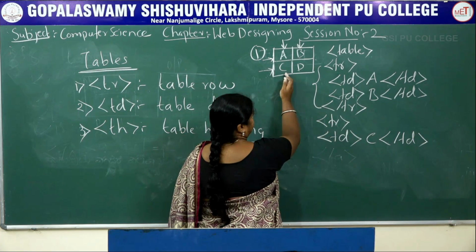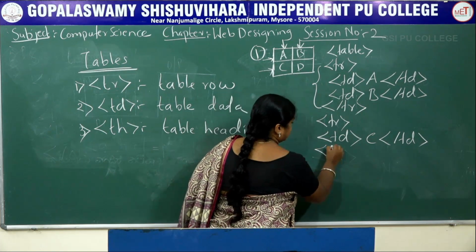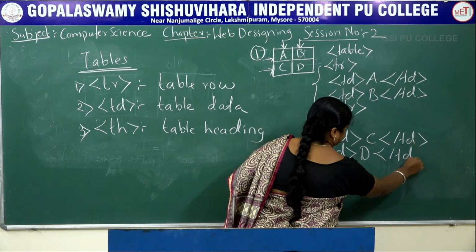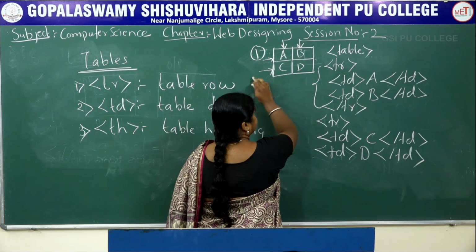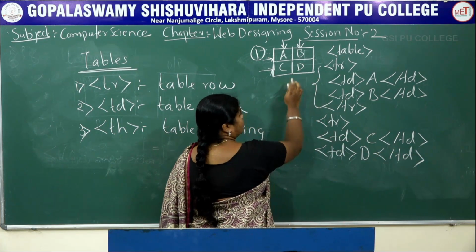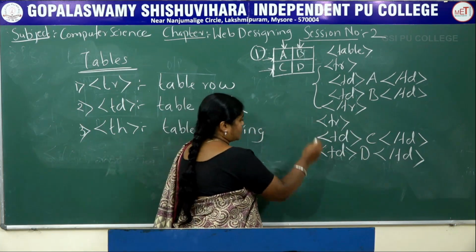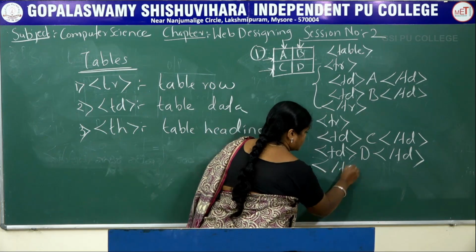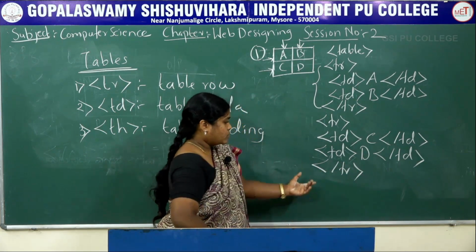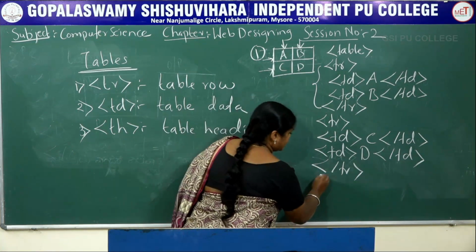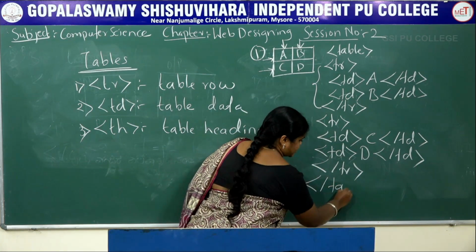After this column, the next column is d: td, d, then slash td. There are two columns in this row, so we close the row by using slash tr. So this is how the entire table is over, and then slash table.